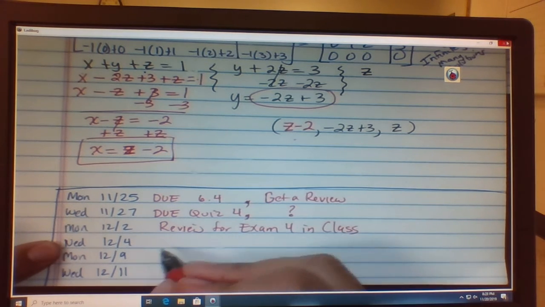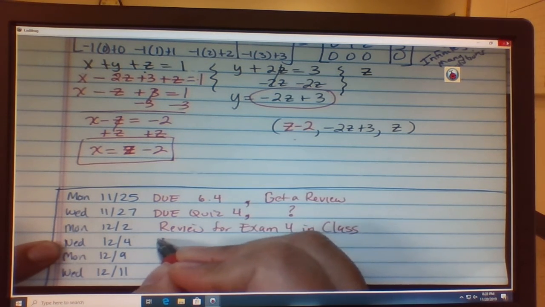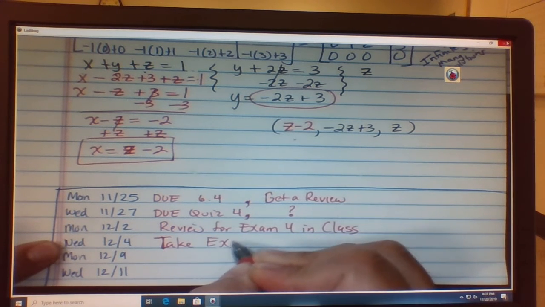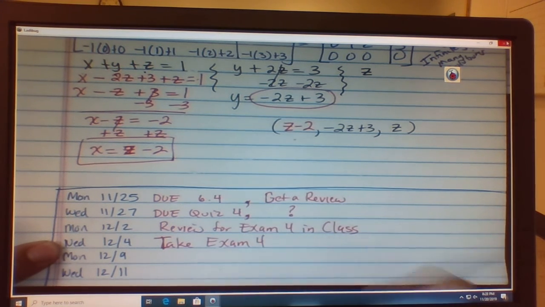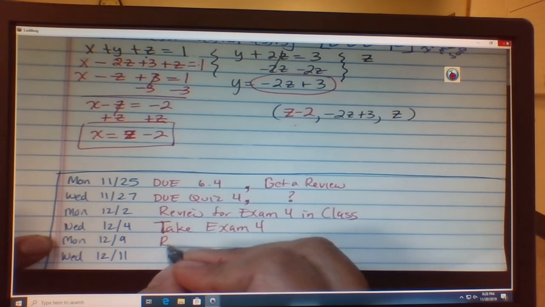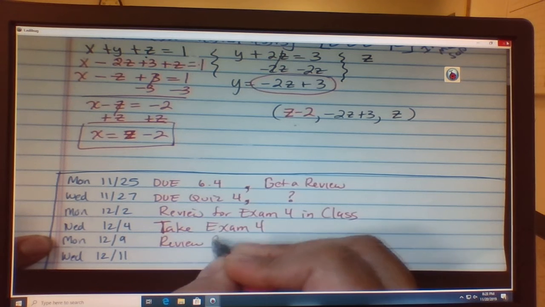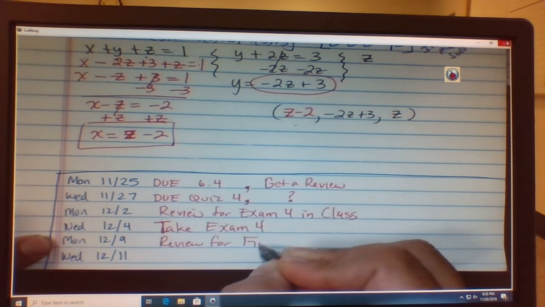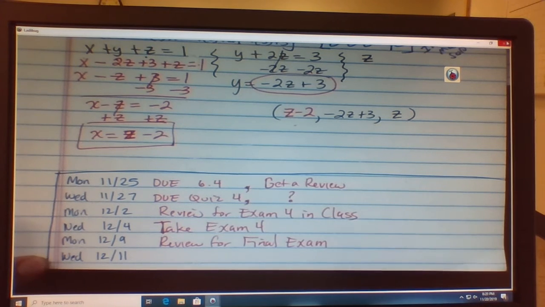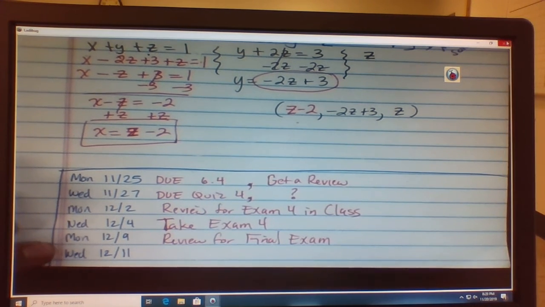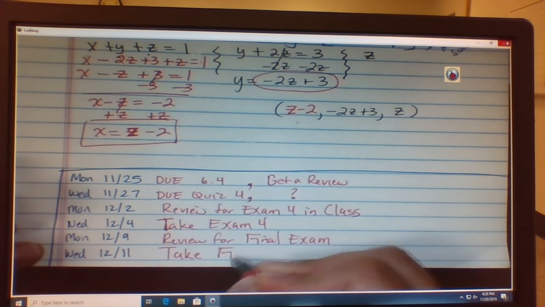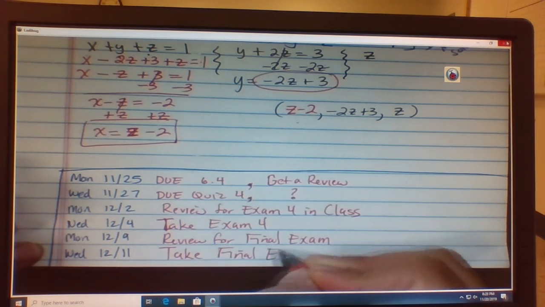On Wednesday the 4th, you will take exam 4. On Monday the 9th, you will review for final exam. And on Wednesday the 11th, you will take the final exam.